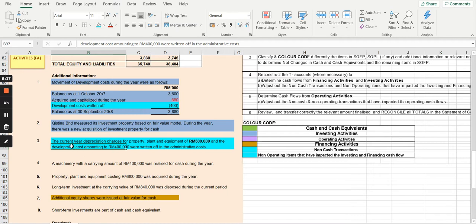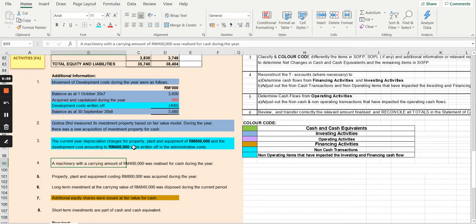But here we are talking about information relating to investing activities, which we are interested in knowing what are the cash outflow and cash inflow, what are the cash that we paid to acquire it, and what are the cash that we receive to have disposed the non-current asset.